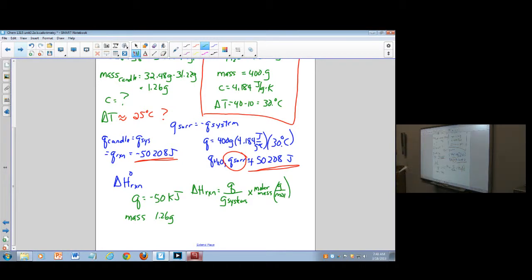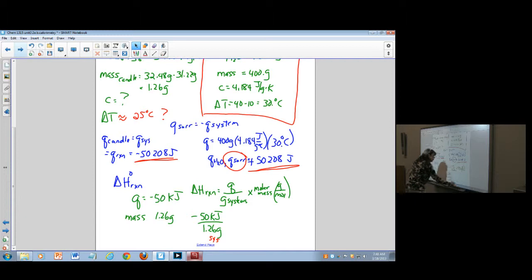So in our particular case, in this candle, we've got minus 50 kilojoules. When we did this reaction, we used 1.26 grams of the candle. Okay, so I'm going to write system here just to help you see it. 1.26 grams of the system.